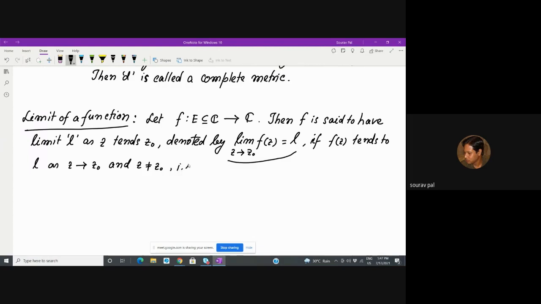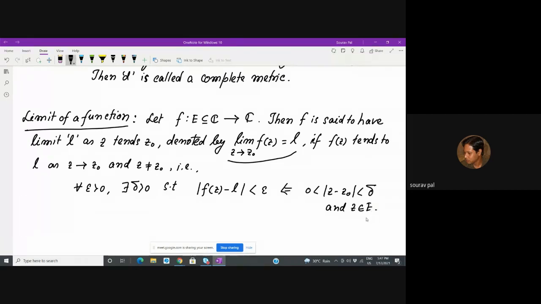In mathematical notation, we say that for every epsilon positive, you can find a delta positive such that this is implied by, where z has to belong to E.